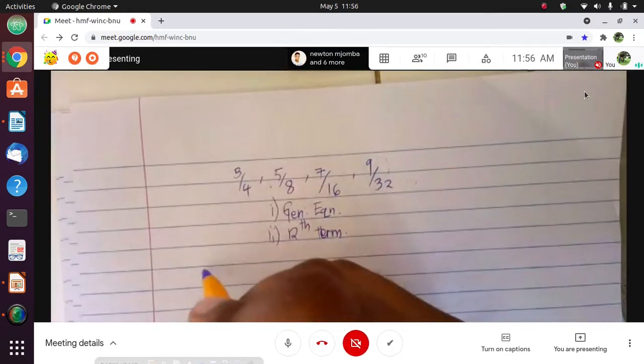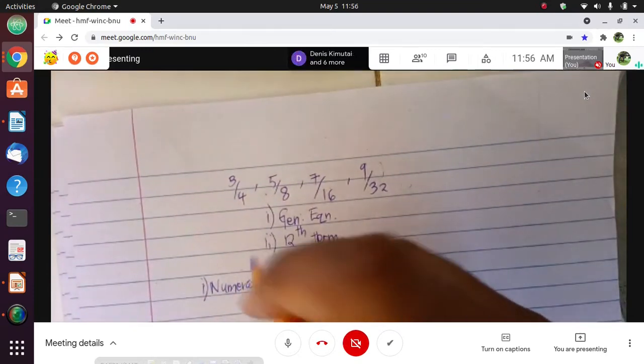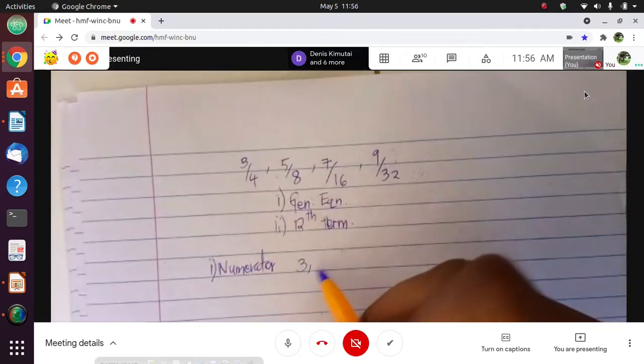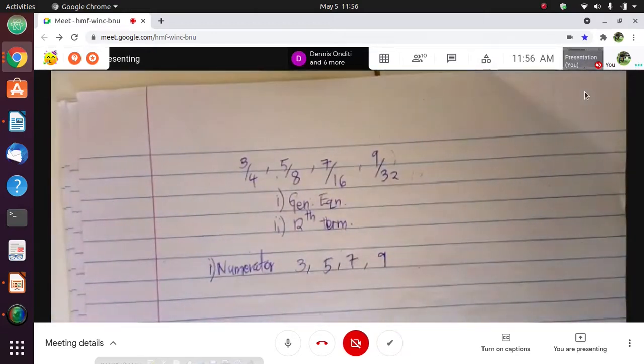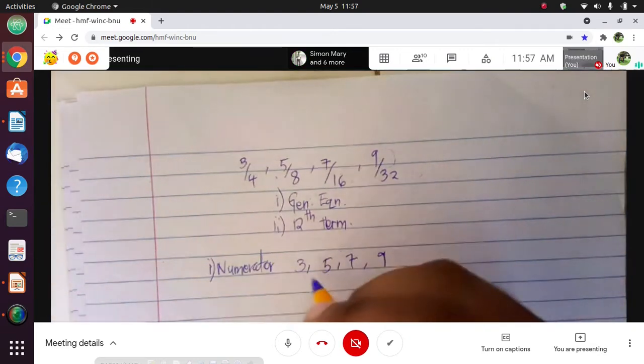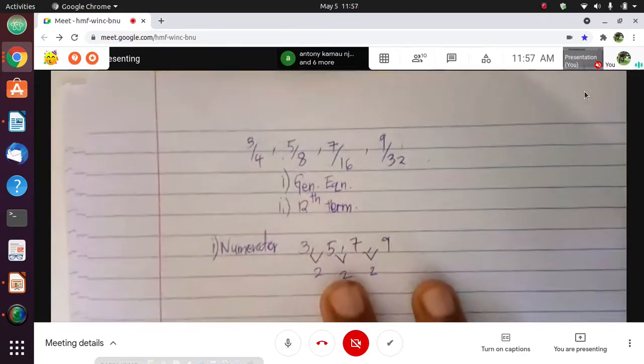Now, for the numerator, you have 3, 5, 7, and 9. Is that an arithmetic or a geometric sequence? Arithmetic. It is an arithmetic sequence, because the common difference is 2 between the successive terms.